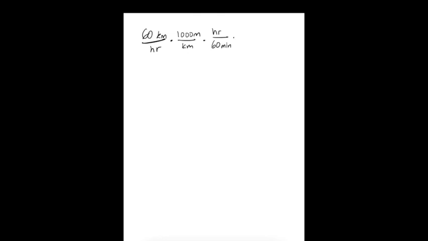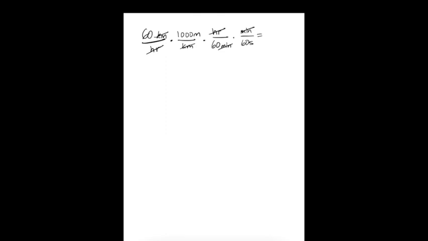And in each minute, there is 60 seconds. And what we see here is that we can cancel out the units. We have an hour here and an hour there. We have a kilometer here and a kilometer there. We have minutes and minutes. And we see that ultimately we end up with meters per second as our units.